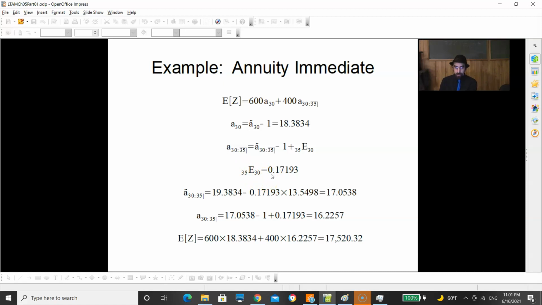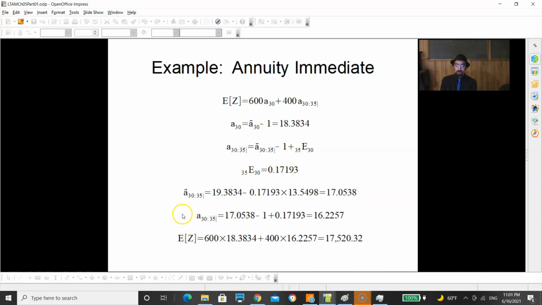We either do l_65 over l_30 and divide that by (1+i)^35, or we do something like 20E30 times 10E50 times 5E60.